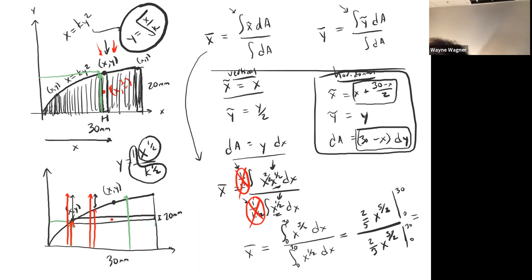So it's going to be 30 to the 2.5 times 0.4 divided by, open parentheses, 30 to the 1/2 times 2/3.